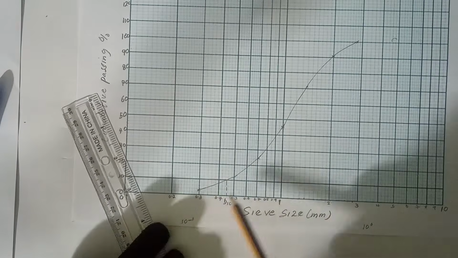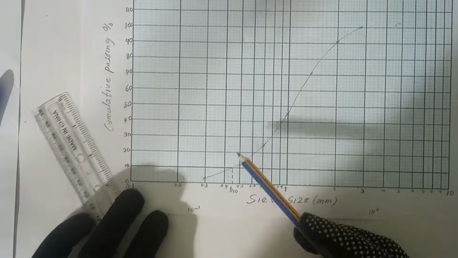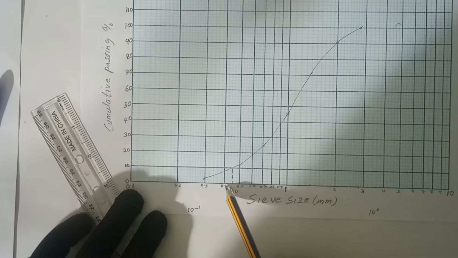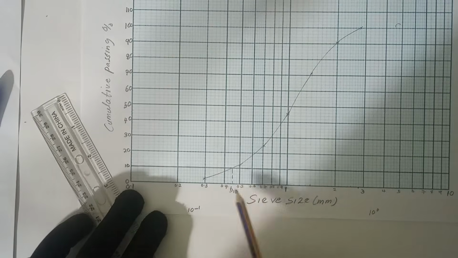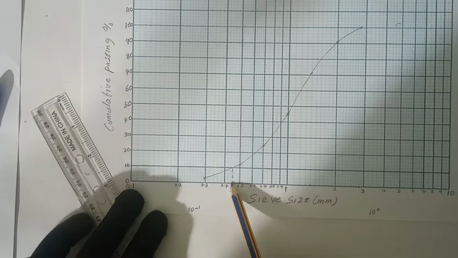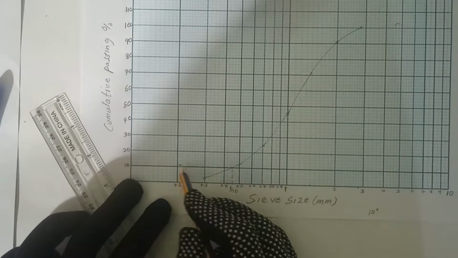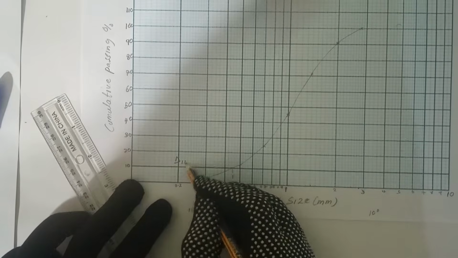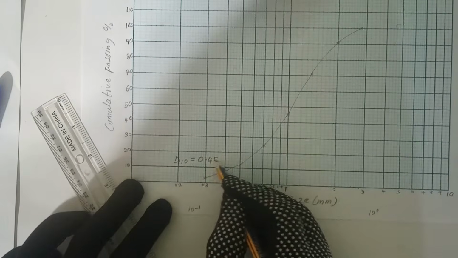So the D10 value, as you can see on the graph, is going to be, here is 0.4, here is going to be 0.42, 0.44, and then we're going to have 0.45. So we have D10 equals 0.45.